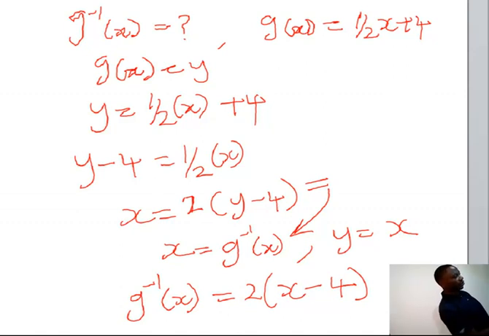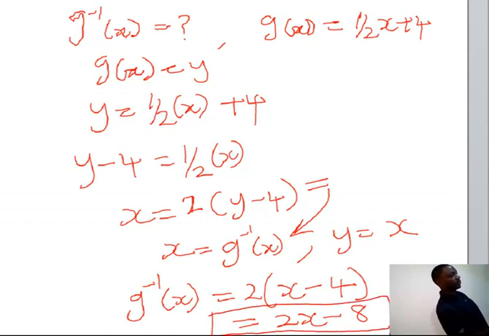So this is going to give us finally the expression 2x minus 8. Now you can see these are simple basic steps in order to get your answer. It's nothing complex at all.